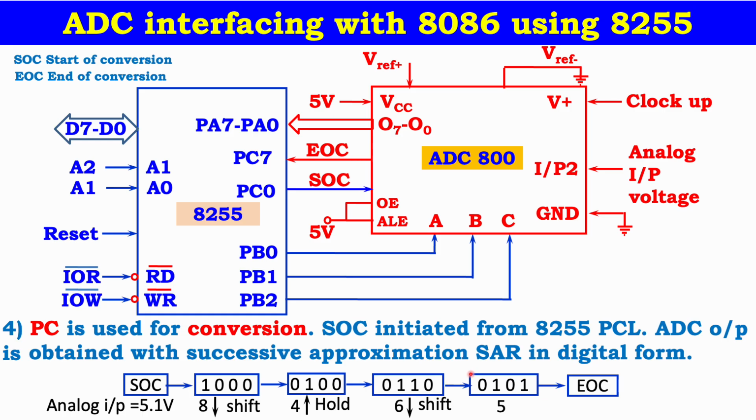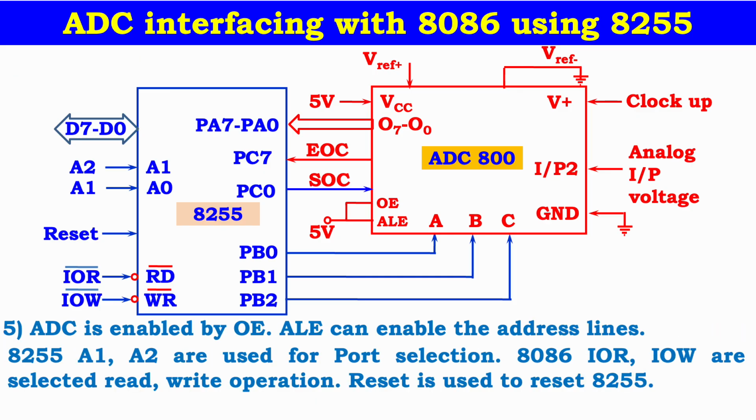Like this, the start of conversion until the end of conversion is stored in port C of the 8255, which is interfacing the 8086 computer. So this is the simple method to understand. The same thing is used when it is programmed. Our interfacing 8255 is programmed. How, we'll see in the next step.